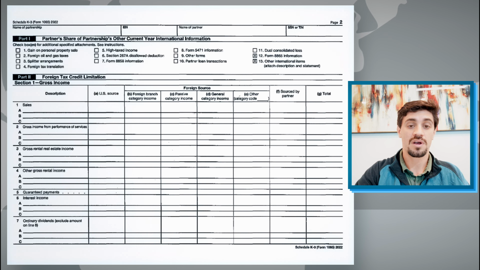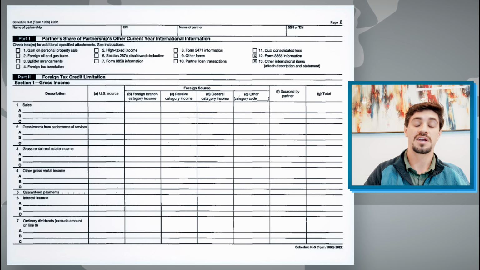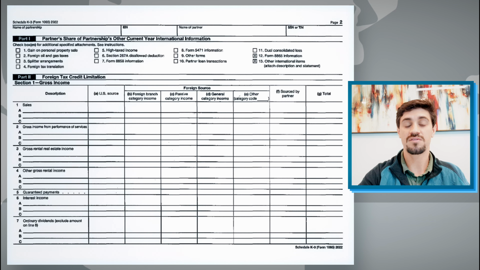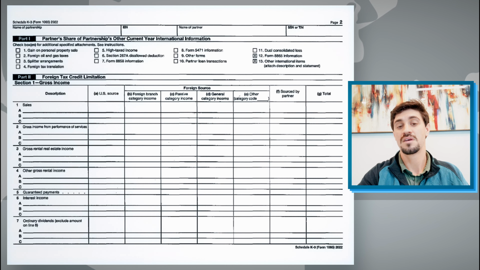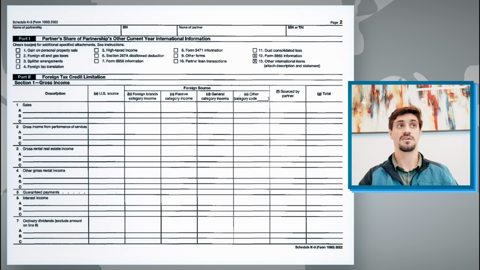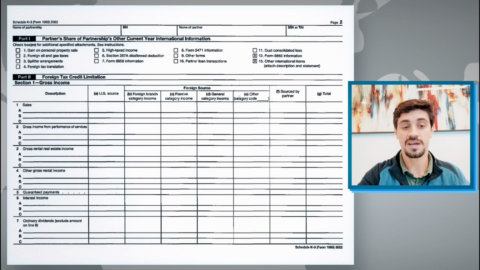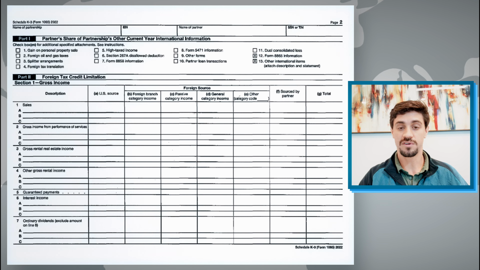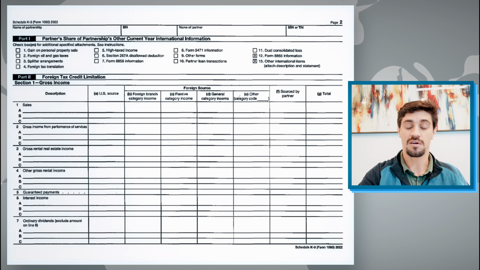But here in Part 1, this box 13 is what you check if there's 926 information. There are other international forms that could be included in here, but they're pretty rare. The main one you see, if box 13 is checked, means you're going to see a 926 footnote of some kind. That gives you your indication to be looking out for that when you dive into the footnotes. There's some other things here, obviously, like the 8865, but we're focused on the 926 for this.